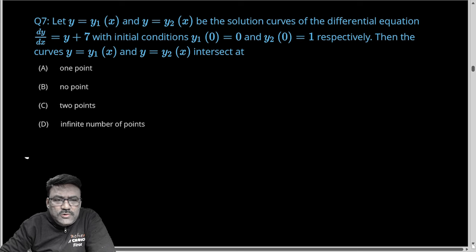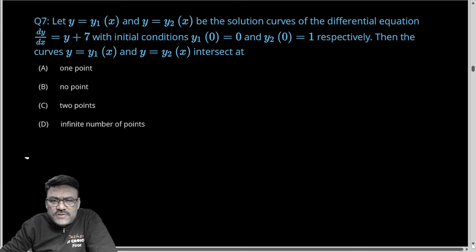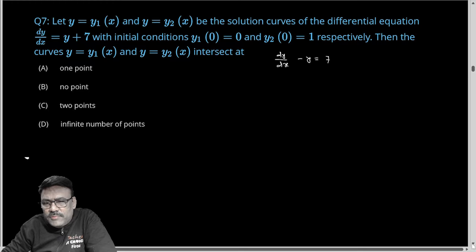Now you can see that your differential equation dy/dx = y + 7 is variable separable, or you can treat it as a linear differential equation also. You can also write it as dy/dx - y = 7. I'm treating it as a linear differential equation. So if I find its integrating factor, it is e raised to the integral of p dx, which is e raised to minus x.